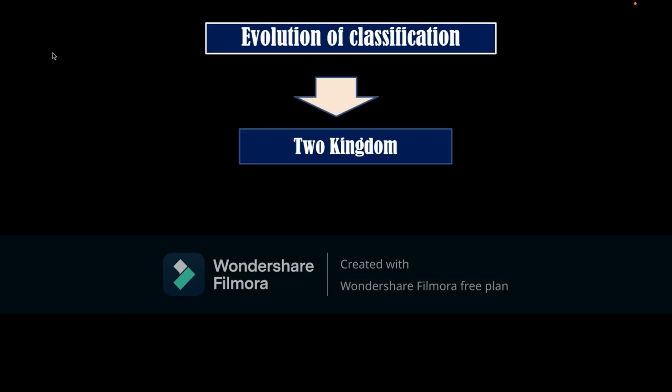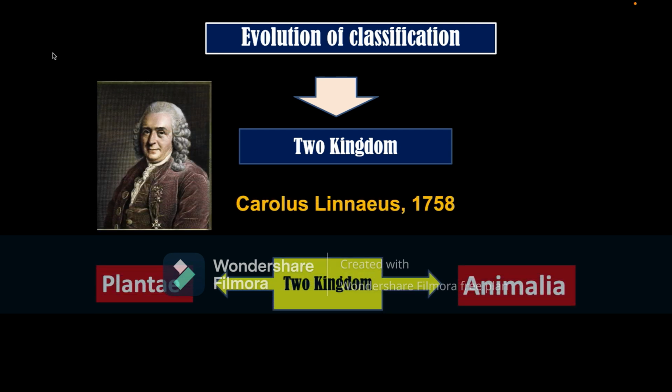For classifying the living organisms, Carolus Linnaeus in 1758 started the two kingdom classification, Plantae and Animalia, that included all the plants and animals respectively. He categorized and classified the living organisms on the basis of nutrition and mobility. The two kingdom classification received considerable recognition from biologists and was in use for quite a long period of time.